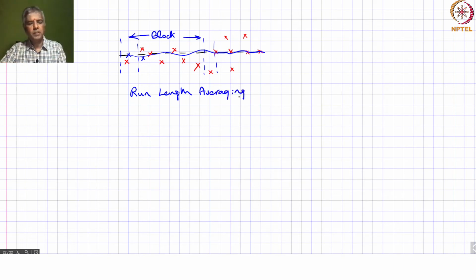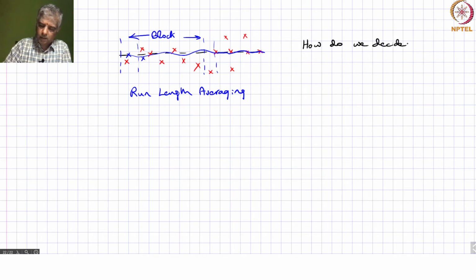Okay, so the question is, when can we do this run length averaging? And the real question is, how do we decide on the value of n?